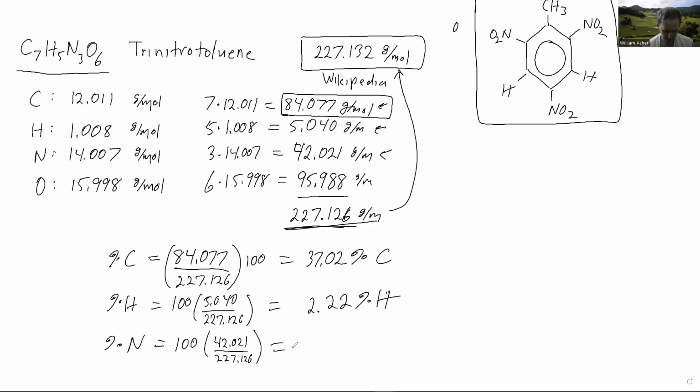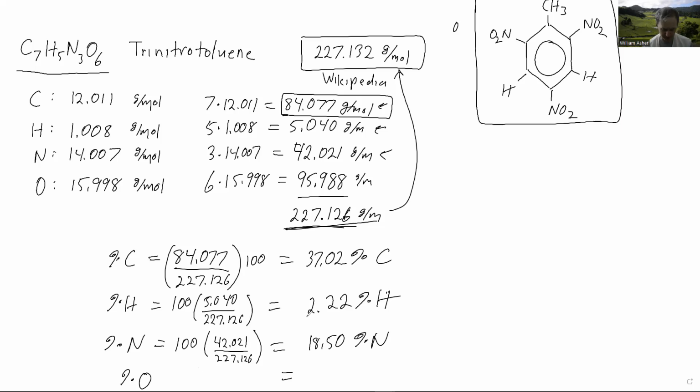So 42.021 over 227.126 is 18.50% nitrogen. And percent oxygen, I'll just write that down, it's the same way.